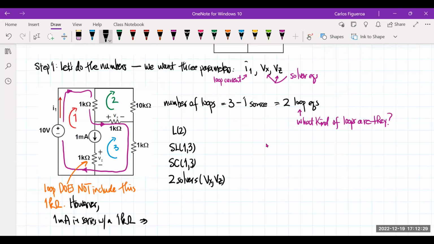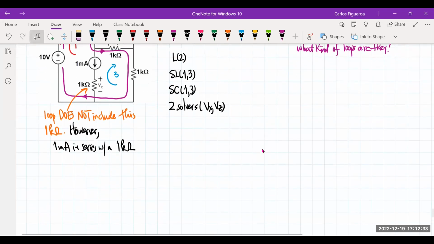So that tells me immediately, let me move down a little bit, that I know what the value of Vz is, because that's just the current. That's just the 1K times the 1 milliamp. So I immediately know that this has to be 1 volt for Vz. So just by inspection and seeing that these guys are in series, I already know what that voltage is.